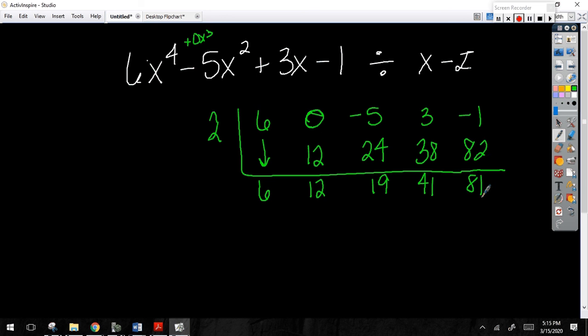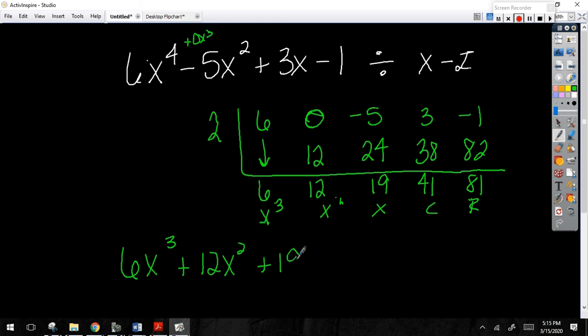Okay, so remember, remainder, constant, x squared, x cubed. So when you divide these, you get 6x cubed plus 12x squared plus 19x plus 41 plus, and then I take that remainder and put it over x minus 2. Okay? And that's synthetic division.